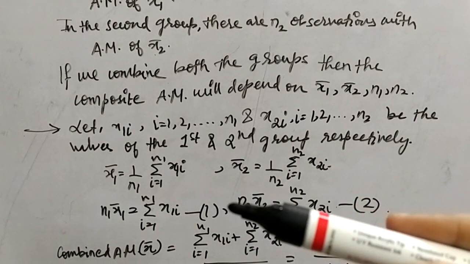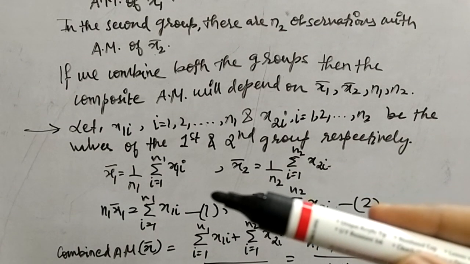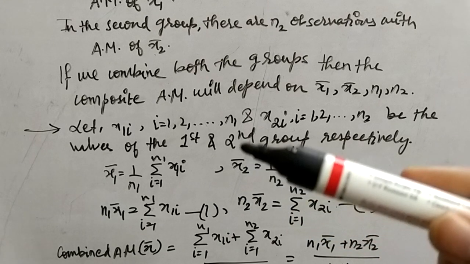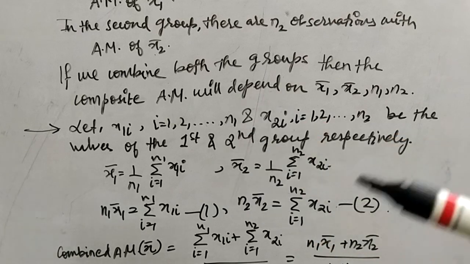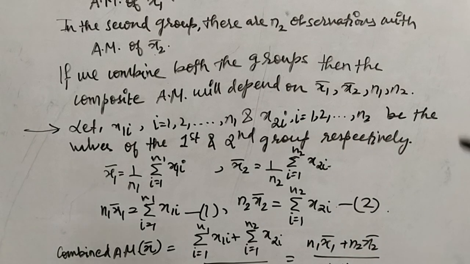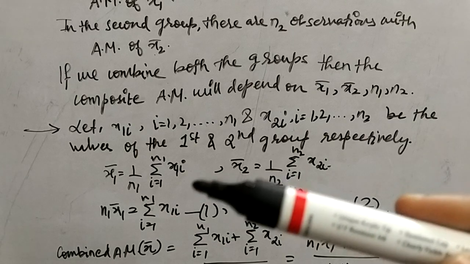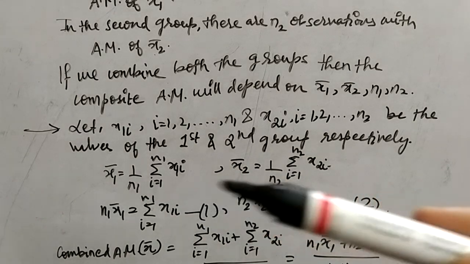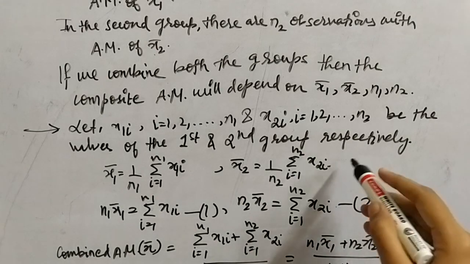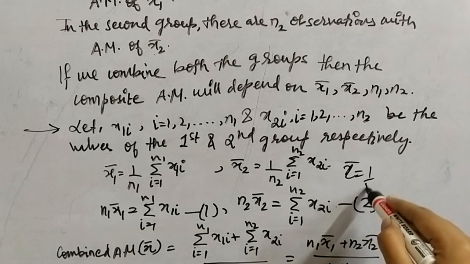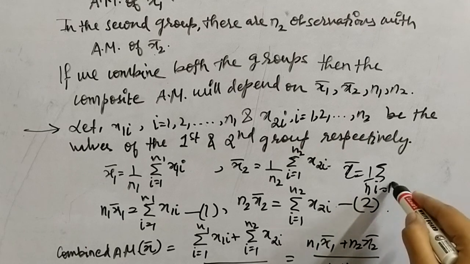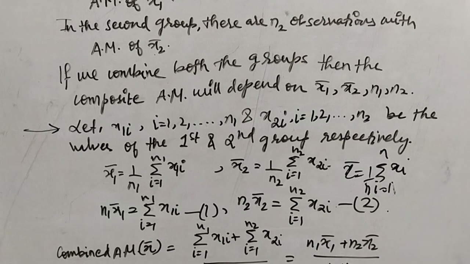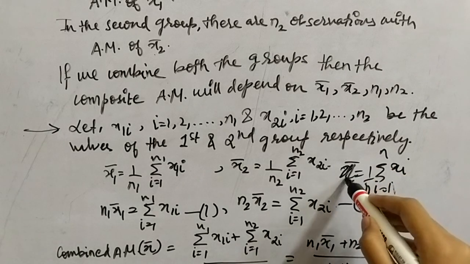It might seem uncomfortable, but whenever you solve sums in the future, you will get accustomed to this kind of framework. x1 bar is equal to 1 by n1, where n1 is the number of observations. Whenever we solve any sum for finding x bar, what do we do? We do this, right? So this is the formula for x bar.